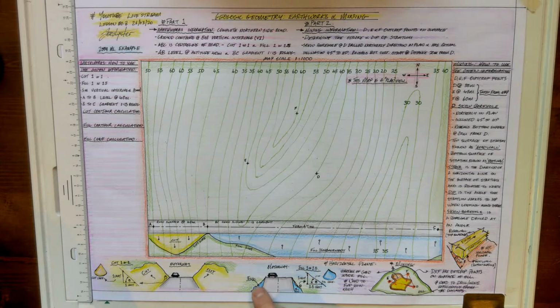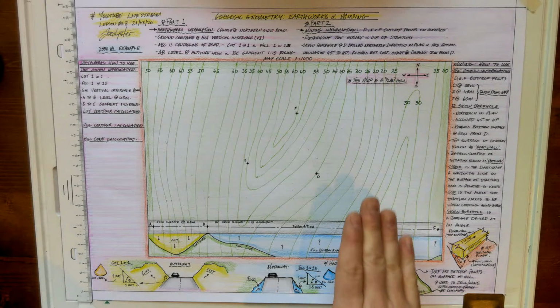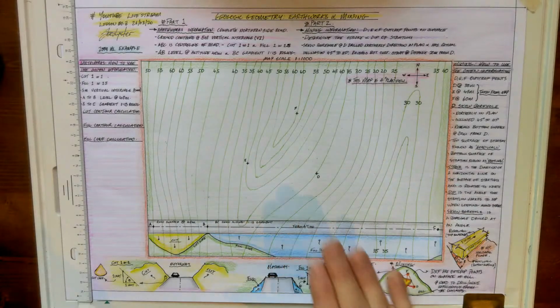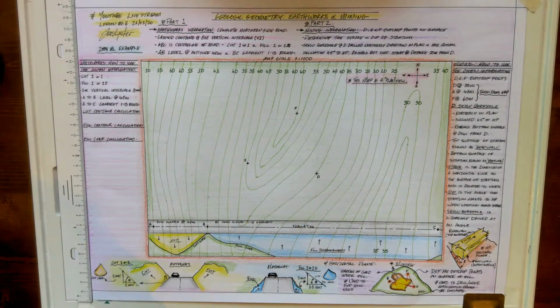The fill is basically where the ground was lower than the road surface in the first place, so the ground needed to be built up to accommodate the road surface. In that case, this is what we're given, 1 and 1.5, and you can see the angle there. We'd go out 1.5 and up 1, and it gives us an angle. That angle would be less than 45 degrees if you were to draw it out. And there's a fill cone and so on.